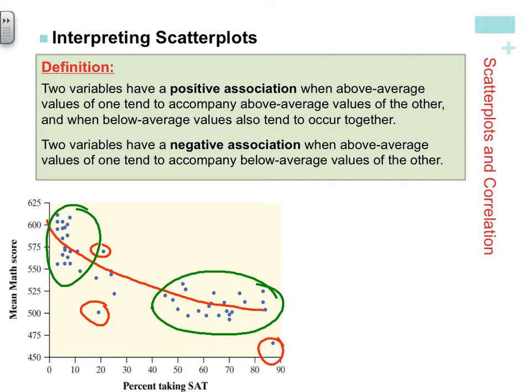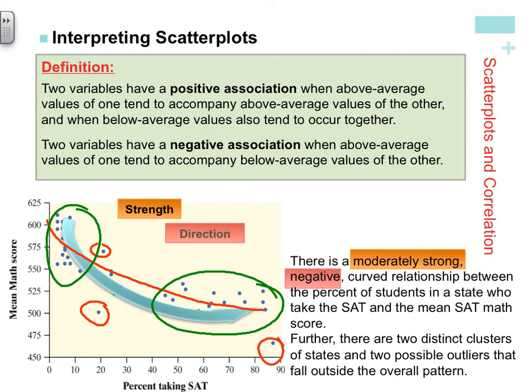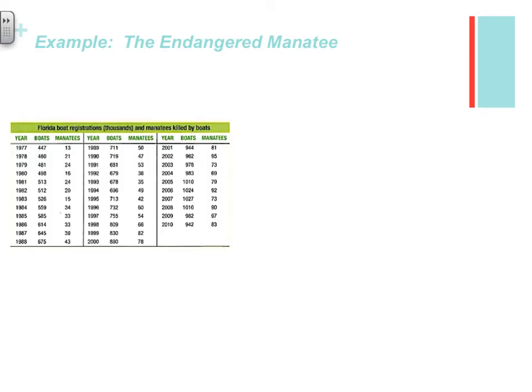In ACT states, most students who take the SAT might be applying to selective colleges that might prefer SAT scores. This select group of students has a higher mean score than the much larger group who take the SAT in SAT states. So there's usually an explanation behind the clusters that happen in a scatter plot, and we'll be talking about those as well.